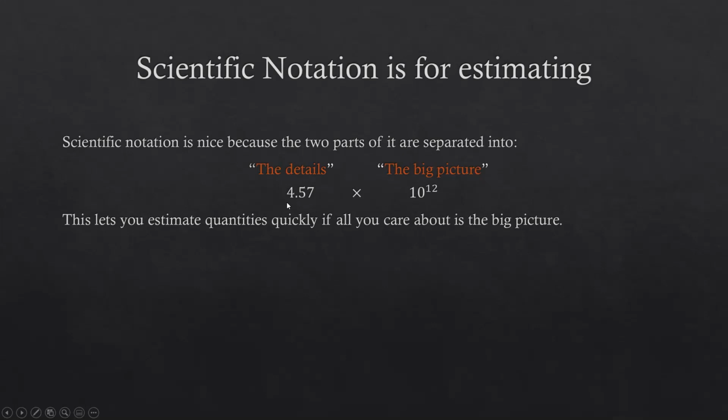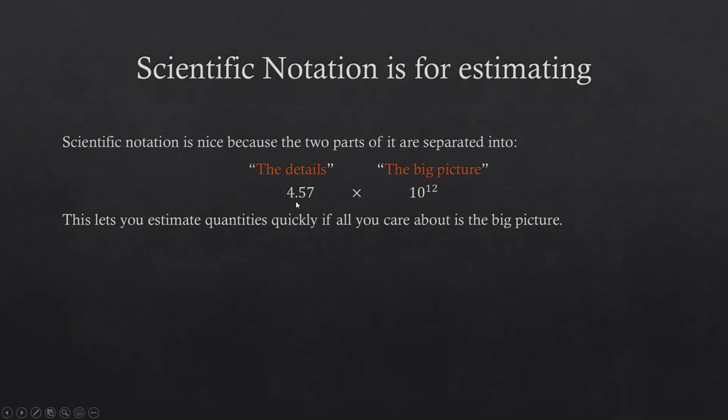So if we have 4.57 times 10 to the 12, the 4.57 just kind of tells me, oh, this is the exact number that got measured when we did the measurement. But the 10 to the 12 tells me, wow, this is a really big number. This is a trillion, right?